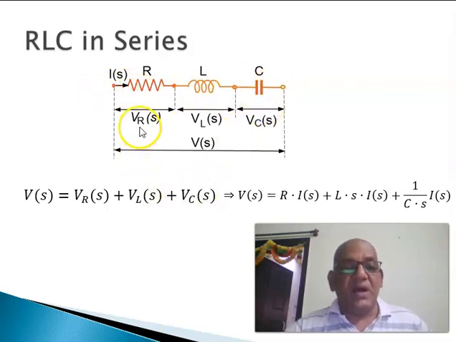We see that if VR is the drop across the resistance, VL across the inductance, and VC across the capacitance, and the total voltage applied across these three elements in series is V(s), we say that this total potential difference is the sum of the individual potential differences, and write V(s) is R times I(s), because we have seen the contribution of a resistance is R, contribution of an inductance is Ls, contribution of a capacitance is 1 over Cs.